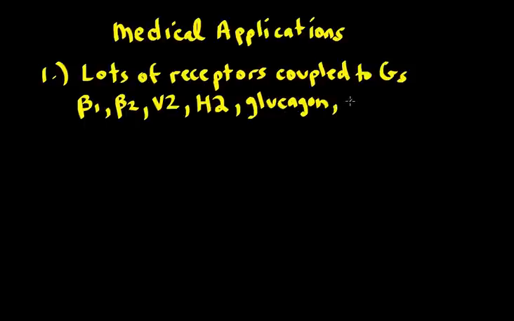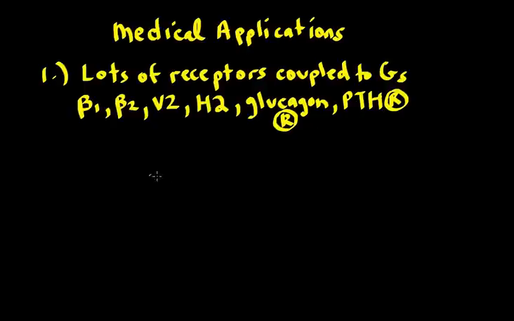There's other hormones. Other examples, the PTH receptor, parathyroid hormone receptor. I guess I could put R for glucagon here too. PTH receptors, they don't only do GS, they do some other things too, but cyclic AMP and PKA is a very important part of how it has effects on calcium and phosphorus metabolism.